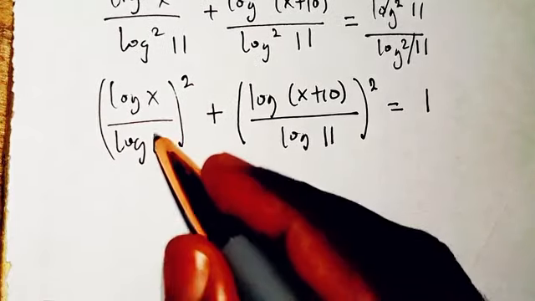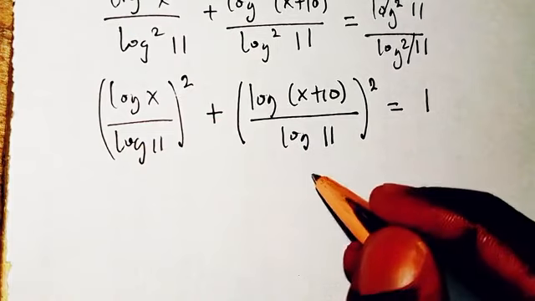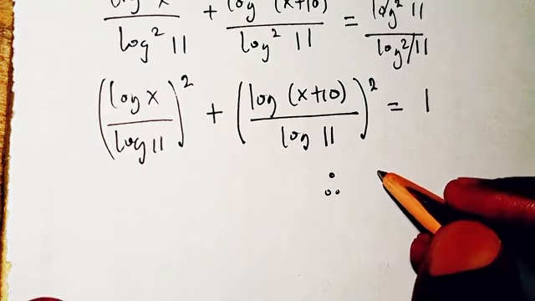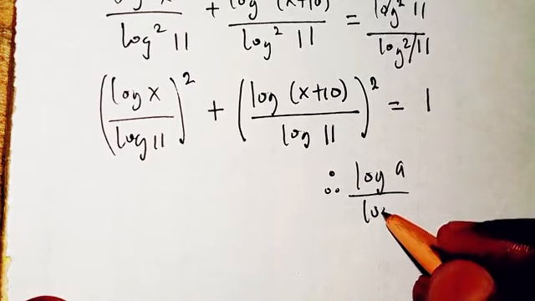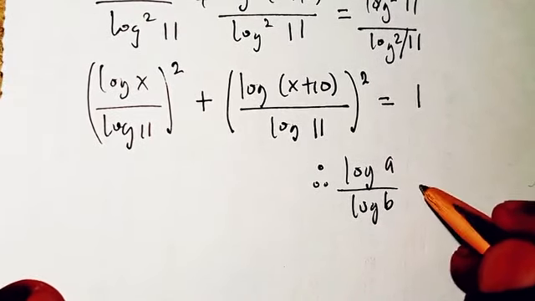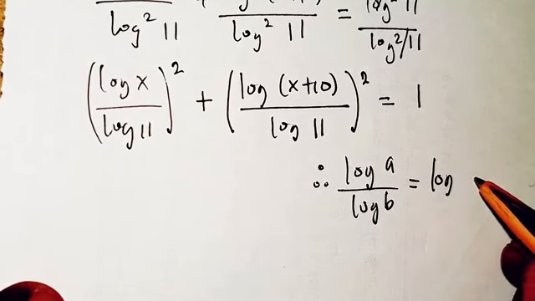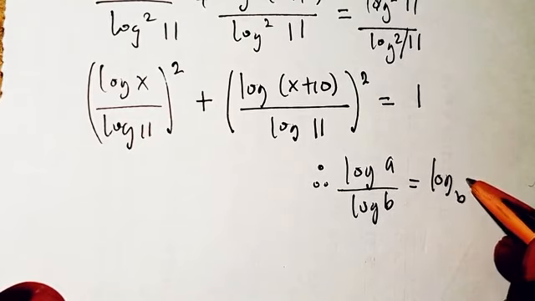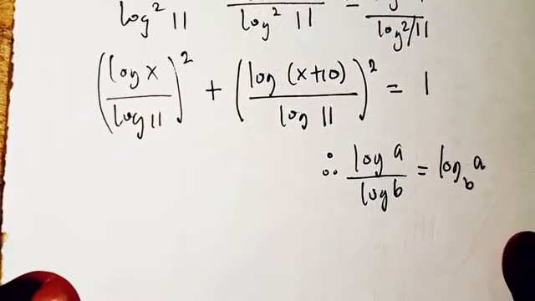Now from the law of logarithm, we have log a over log b, which we can write in a single logarithmic form as log base b of a.